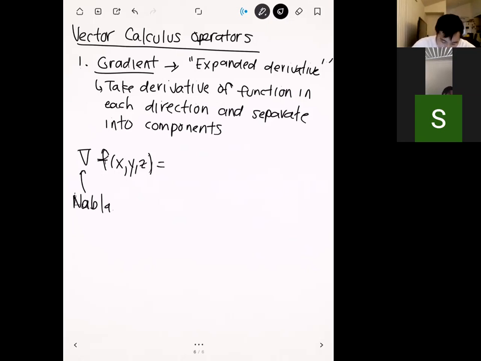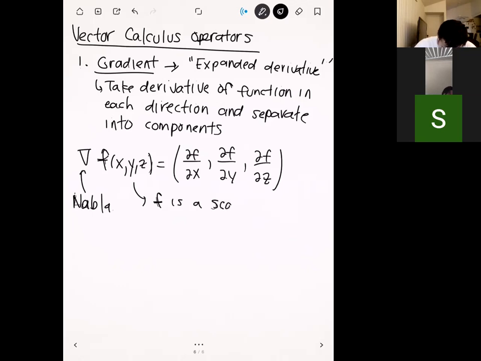The gradient of this would actually be a vector, and the vector would be the derivative of f in each of the different directions. Here this assumes that f is a scalar function.